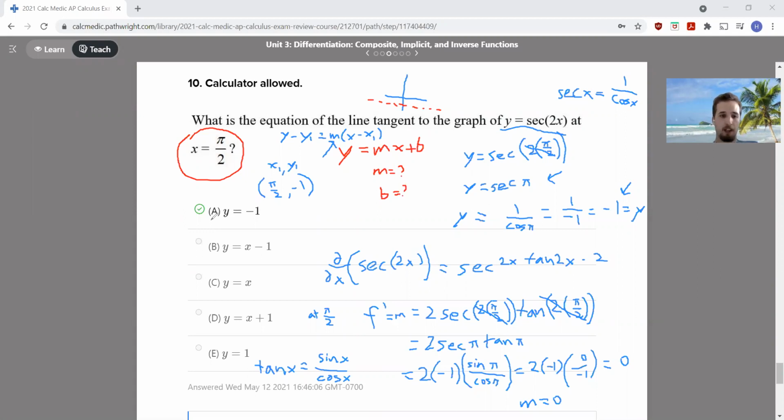So that's how we get y is equal to -1. Because we found that our slope is 0 at x equals pi over 2, the line tangent to it is going to have a slope of 0. And where x is pi over 2, y is equal to -1. So the tangent line is just going to be y is equal to -1.